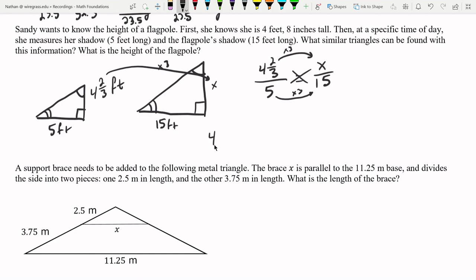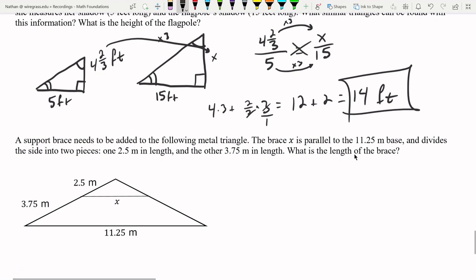So I'm going to do 4 times 3 plus 2/3 times 3, which equals 12 plus, this is 3 over 1, those cancel, plus 2. And we get 14 feet. So the flagpole is 14 feet tall.